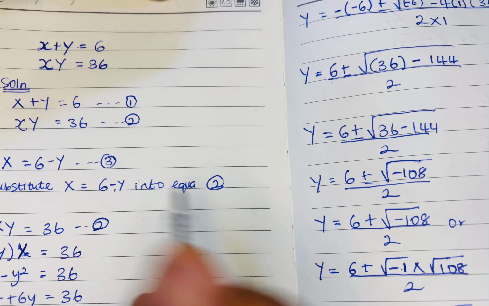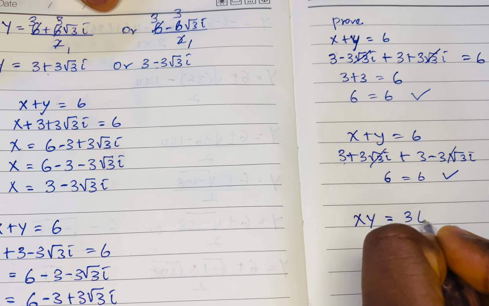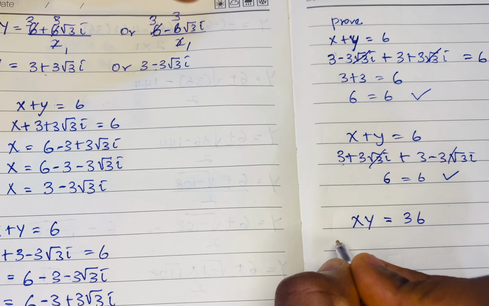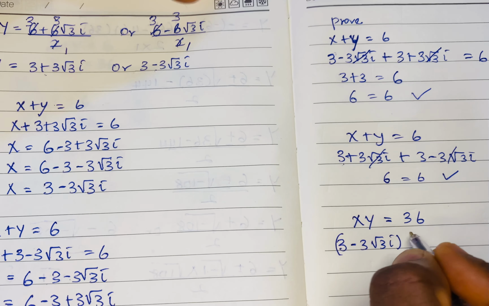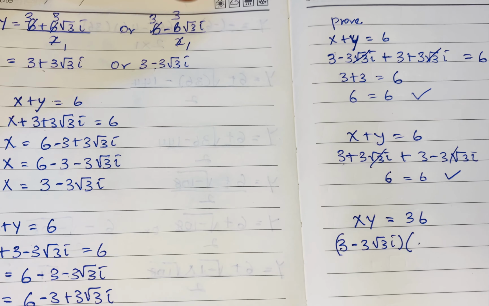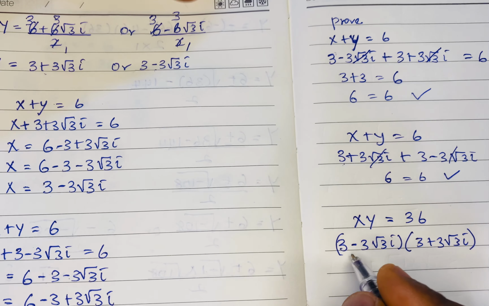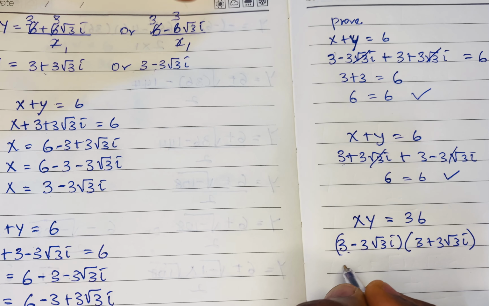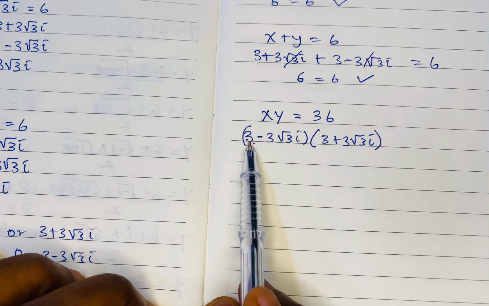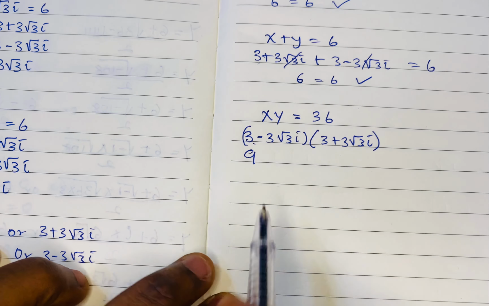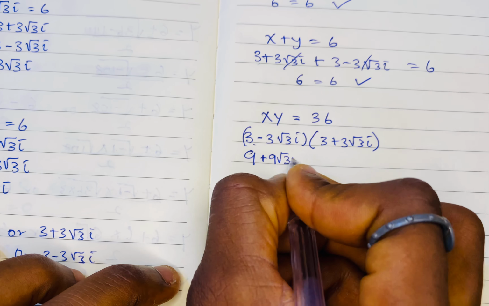You know that they have x times y is equal to 36. So our x is 3 minus 3 root 3i, then times when y is 3 plus 3 root 3i. So 3 times 3 will give us 9, right? Okay, let me bring it up. So 3 times positive 3 root 3i will give us positive 9 root 3i.